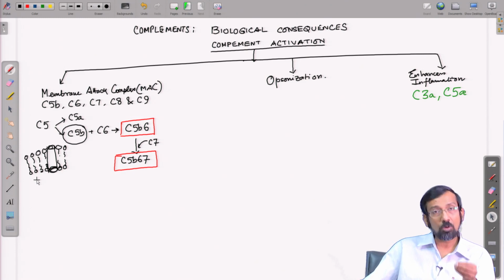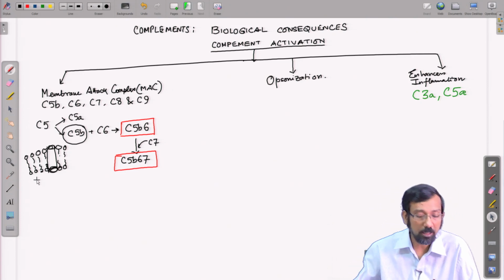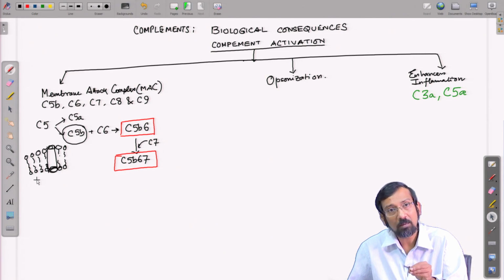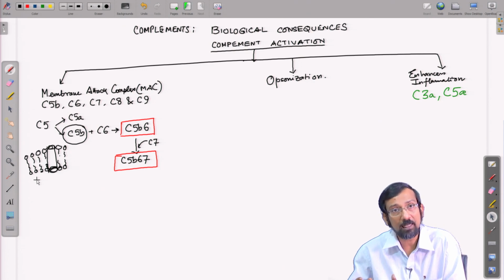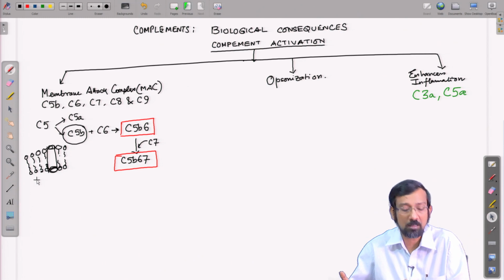And if so happens, then these isolated complexes, which can move around, can go and create the same damage to a cell which is not the target cell, but is nearby the target cell.